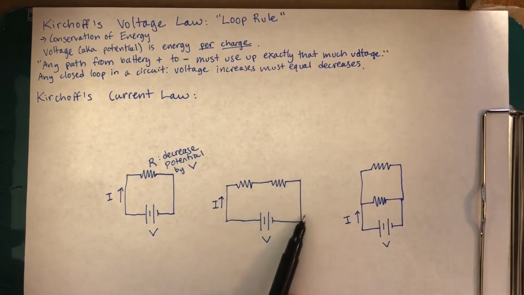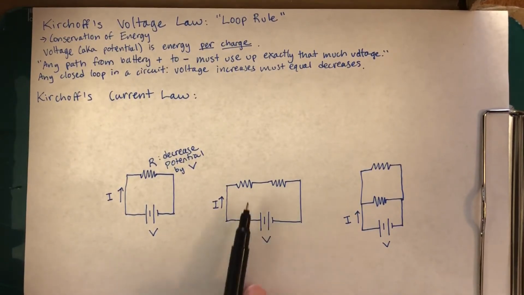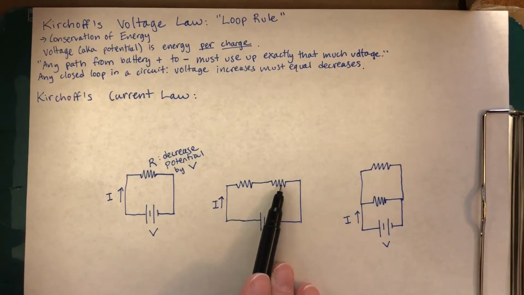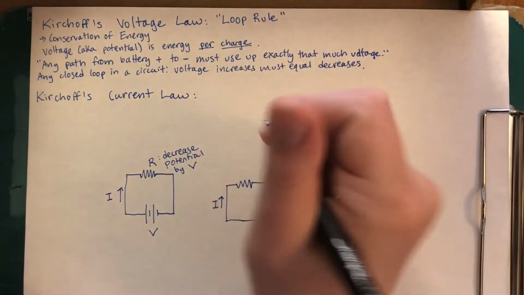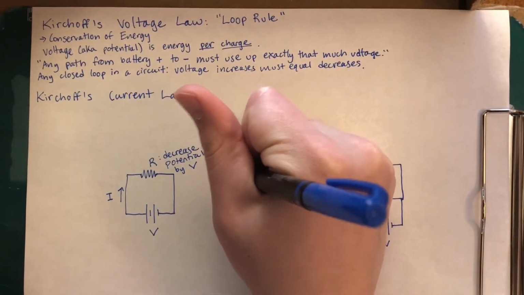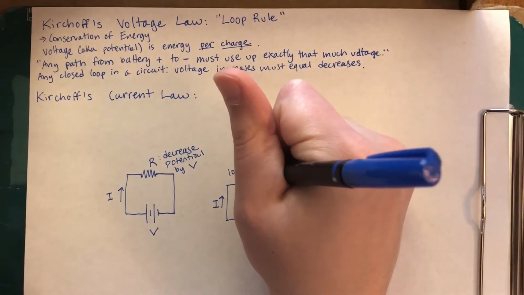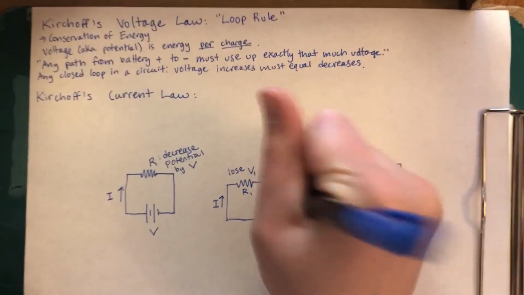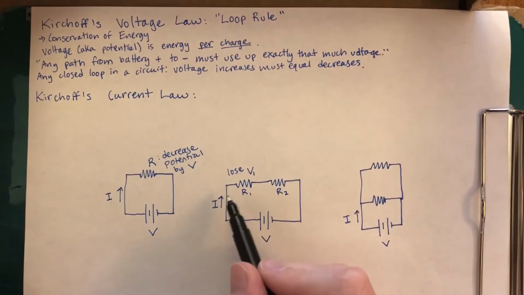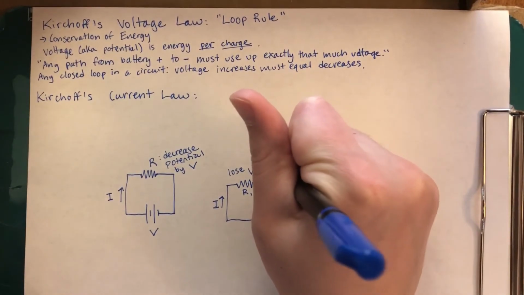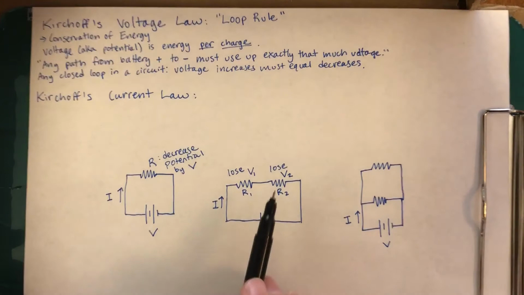So what ends up happening is that this resistor uses up part of the energy, part of the voltage, and this resistor uses up part of the voltage. So this is going to lose V1 amount of voltage. Let's call this one R1 and R2. And as the current moves through this one, it will lose V2 amount of voltage.